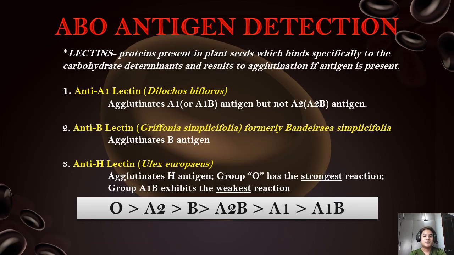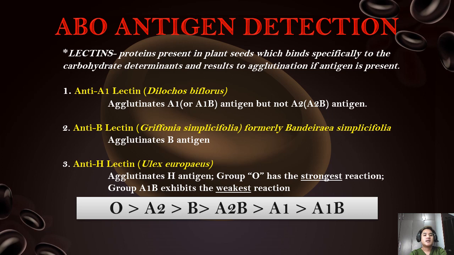Moving on, aside from monoclonal antibody reagents for the forward grouping, blood banks also utilize a different source of antibody preparations for the detection of ABO antigens. These are actually of plant origin, particularly plant lectins.